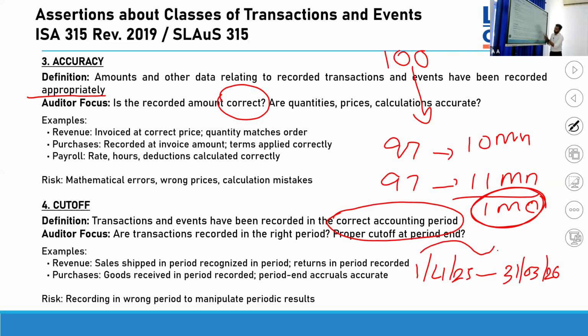You must record only those transactions that took place within this period, right? Let's assume you have recorded one of the invoices which is dated 1st April 2026. Please let me know, is this invoice relevant for this accounting period? Is that relevant?